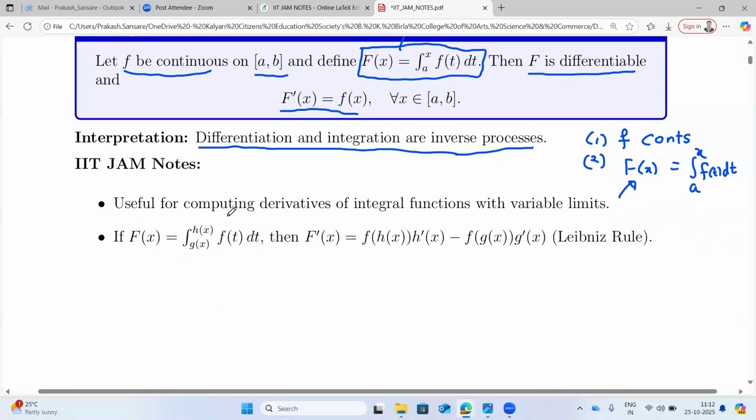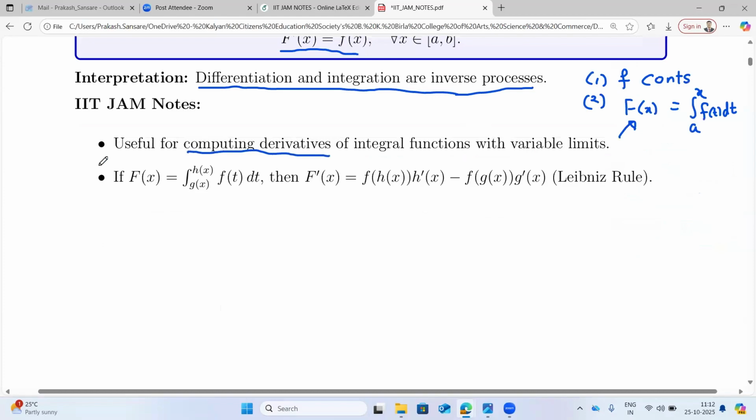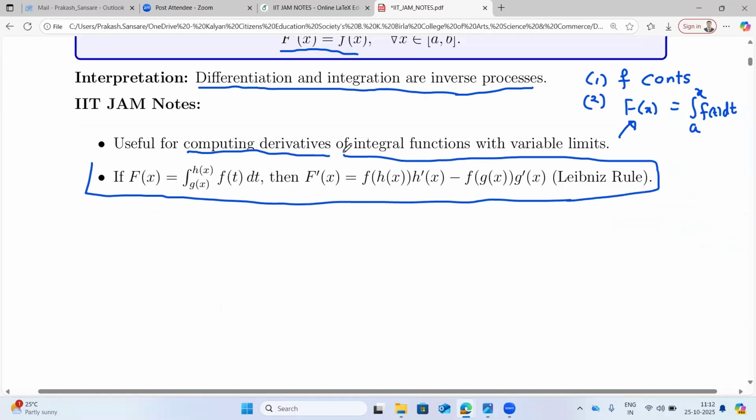The first application is that it's very useful for computing the derivative of integral functions with variable limits, and this is the Leibniz rule. It's derived from the first fundamental theorem of integral calculus only, and it has a very simple proof, so I'll give a hint of it.